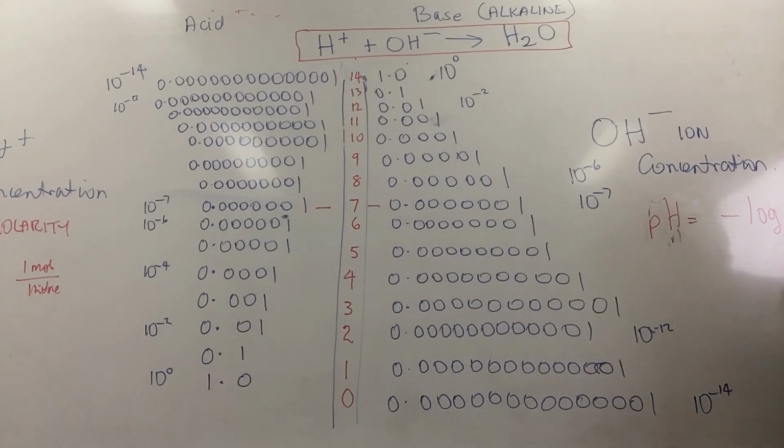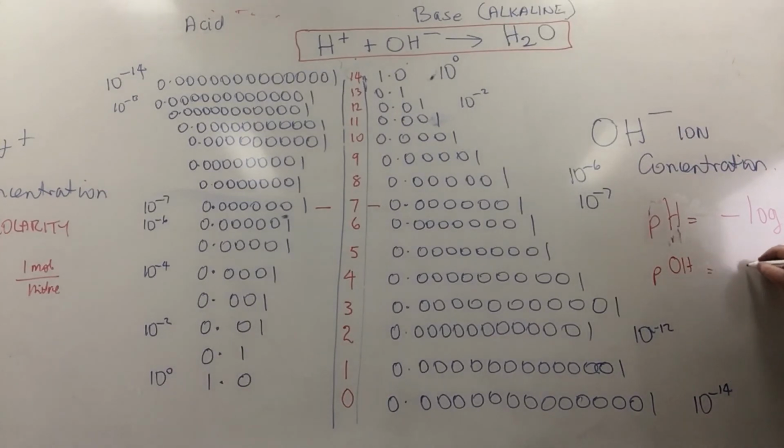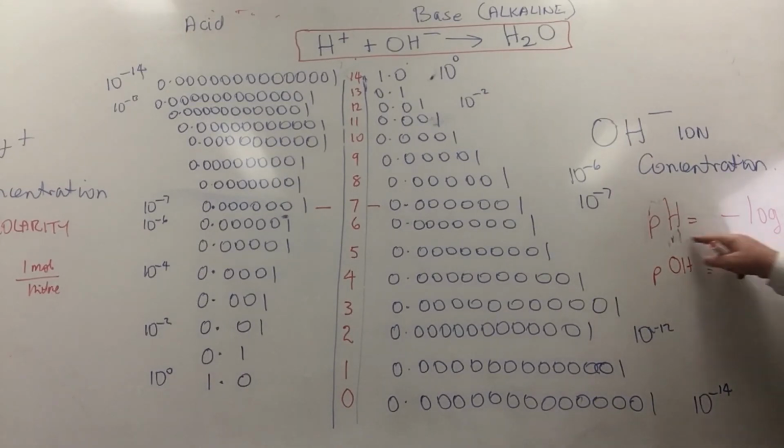By the same token, the pOH is the minus log of the OH minus concentration. But we're not hardly ever concerned with this. We really are concerned with the pH, so that's more described in terms of pH, and this is the formula for pH.